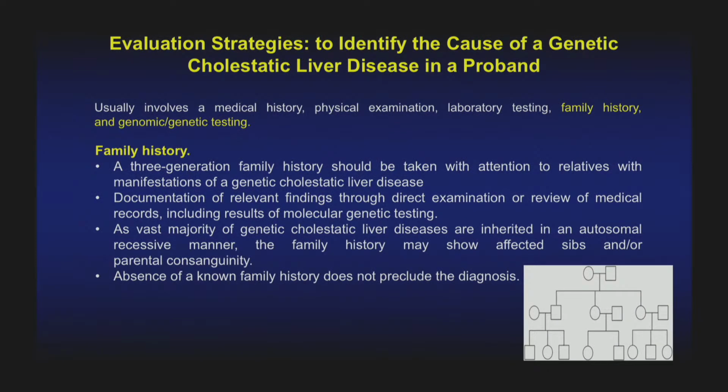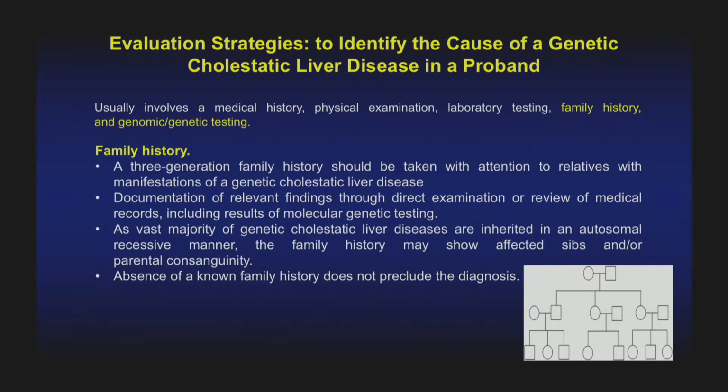Now, the evaluation strategies to identify the genetic basis underlying cholestatic liver disease in a proband, apart from the medical history, physical examination and laboratory testing, include two very important points. One is taking the family history and the second is ordering a genetic test. In the family history, it's always good that you take a 3-generation pedigree.